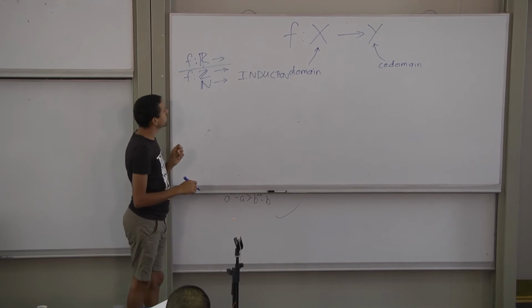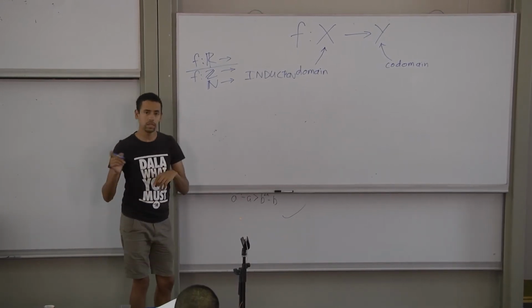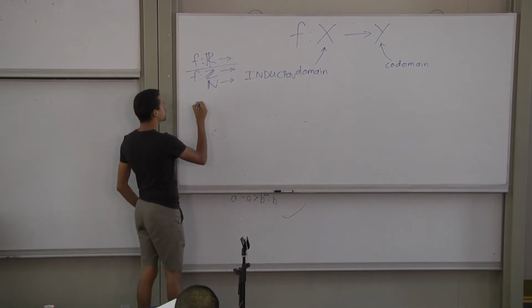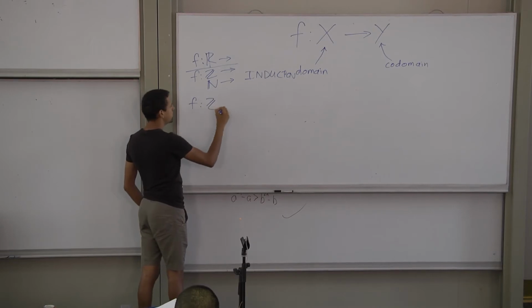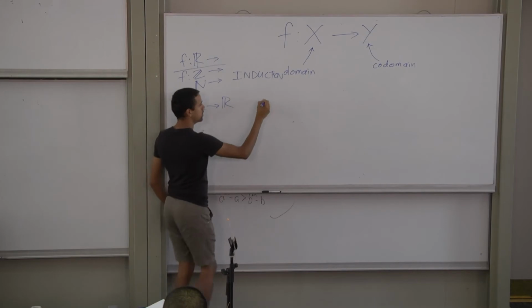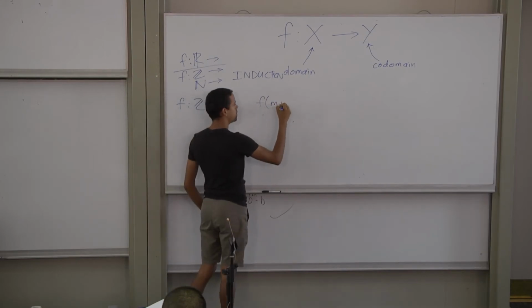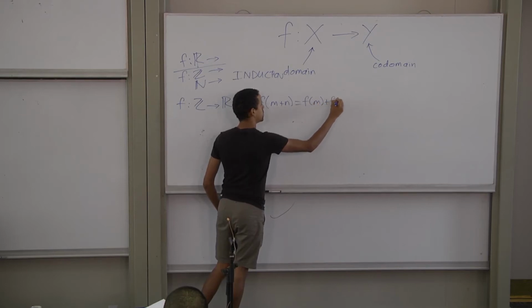Okay, but I can use this as an introduction for the Cauchy equation. You've actually seen it before. So let's say you've got a function from the integers to the reals where f of m plus n is f of m plus f of n.